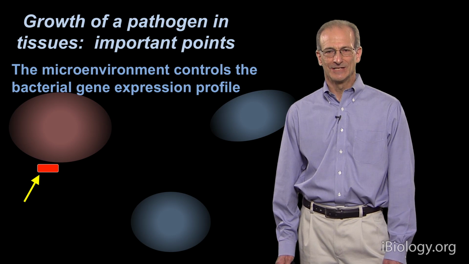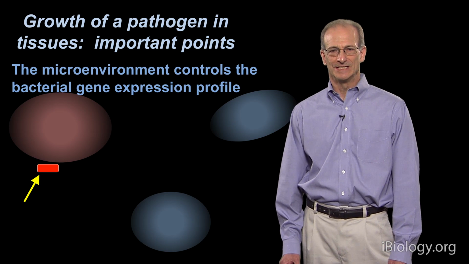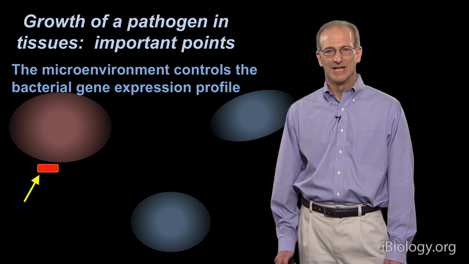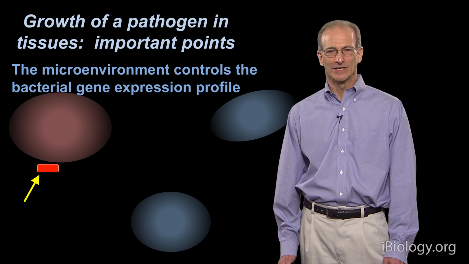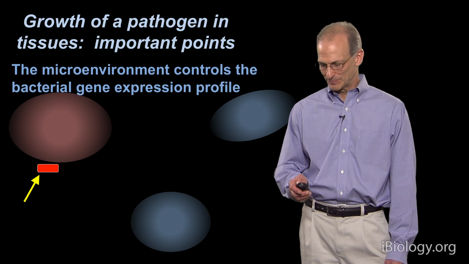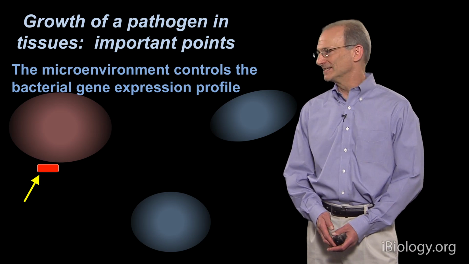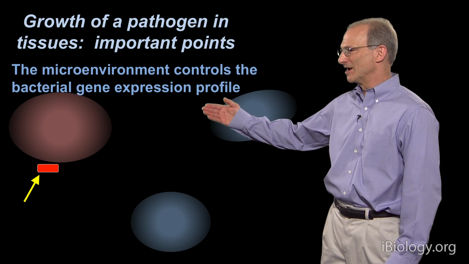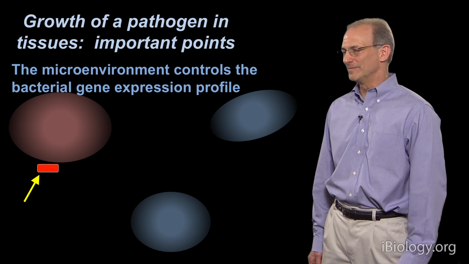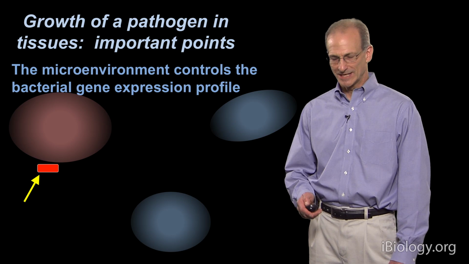The second thing that I'd like to convince you is that one of the reasons for this heterogeneity in gene expression is that the microenvironment in which these organisms grow controls the bacterial gene expression profile. And that can be seen in this slide. What I've described here for you are different microenvironments which the microorganism will encounter.